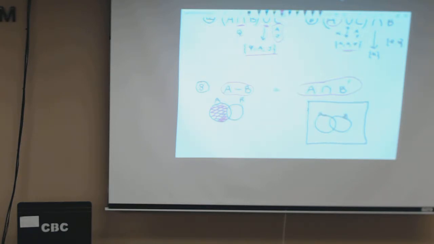So, what's the intersection of A? Okay, here's A. Let's change colors here. Here's A. And let's use blue for the complement of B. That would be everything outside of B. Now, where do the green and the blue intersect?